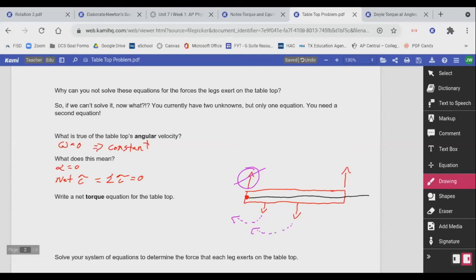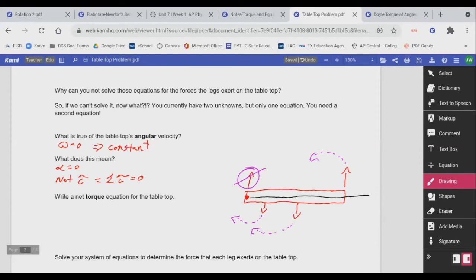On the right side, this upwards force wants it to go that way, which would be a counterclockwise direction. So now we've got 3 forces, 2 that are clockwise, 1 counterclockwise when we're calculating our torque.